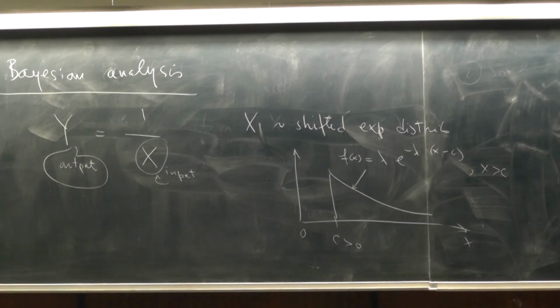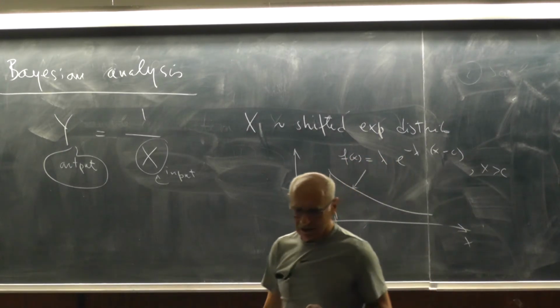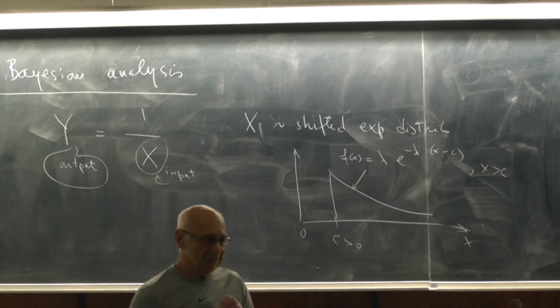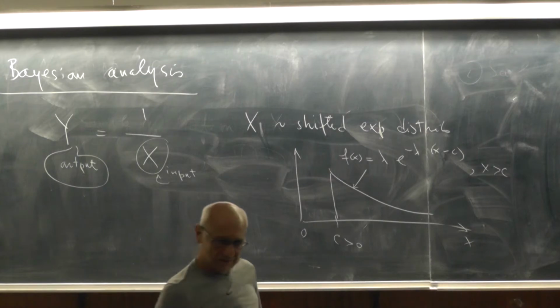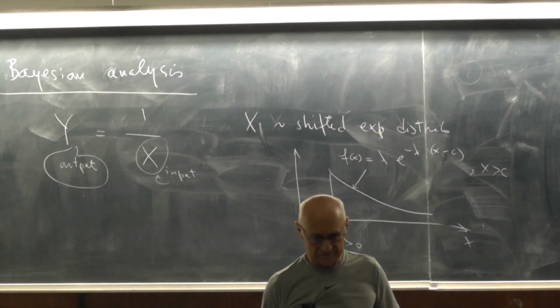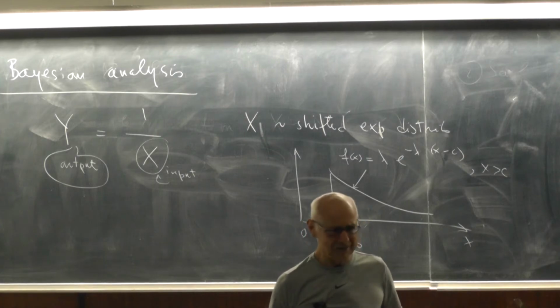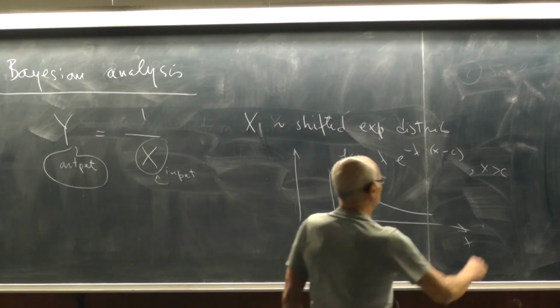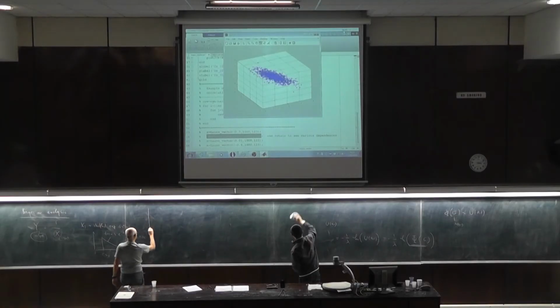Okay. So we are going to assume that we know this is the functional form of the distribution, but we don't know the value of lambda. And you realize that value can be critical. So this is what we have here.